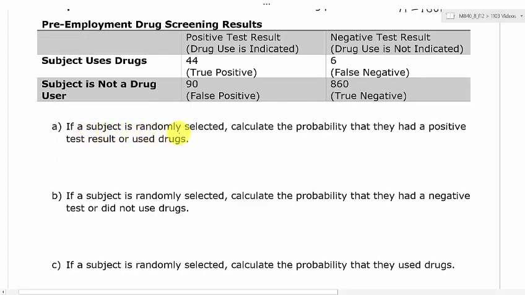If a subject is randomly selected, calculate the probability that they had a positive test result or used drugs. So either they had a positive test result, so positive test results are all of these people, or used drugs.